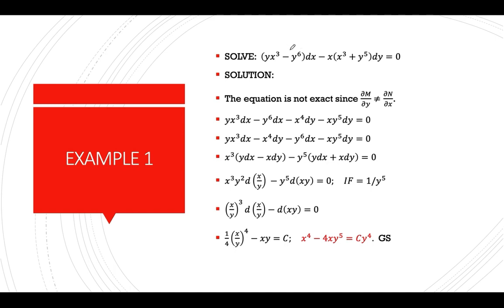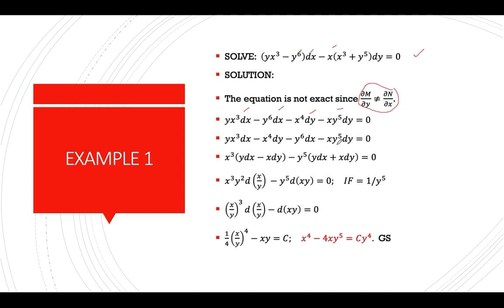Okay, so let's solve this differential equation. Now you can verify that the equation is non-exact, which does not satisfy the condition for exactness. So expanding the terms, we have yx cubed multiplied by dx, and then negative y to the 6 dx, negative x to the 4th dy, and then xy to the 5th dy.